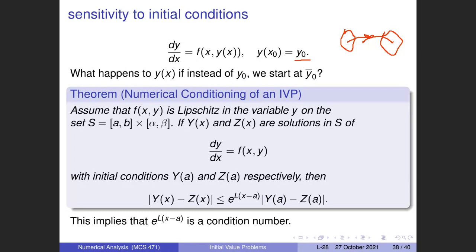So the L here is an important constant. And also we work with finite intervals. Here you see the drift, and the changes at the right are the changes in the initial conditions.